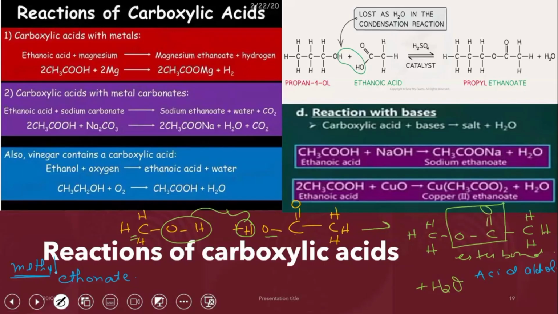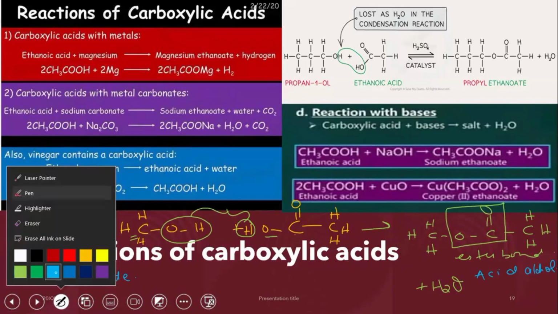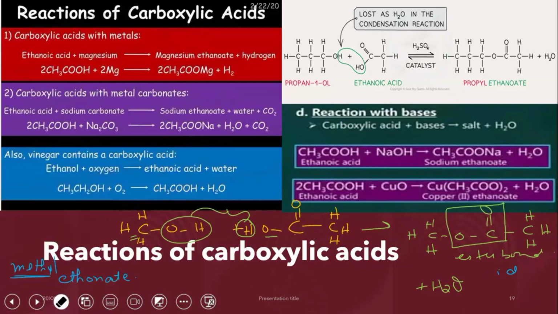That's the trick. Whenever you are naming your ester, first write down the name of the alcohol and then write down the name of the carboxylic acid. That's a shortcut. So that means my ester is known as methyl ethanoate, right?